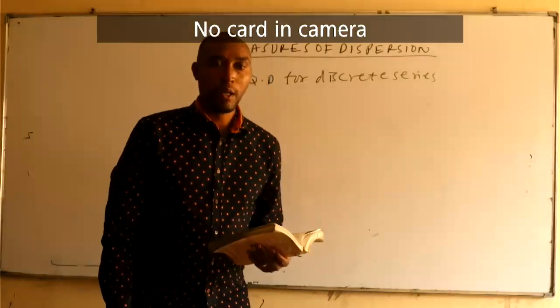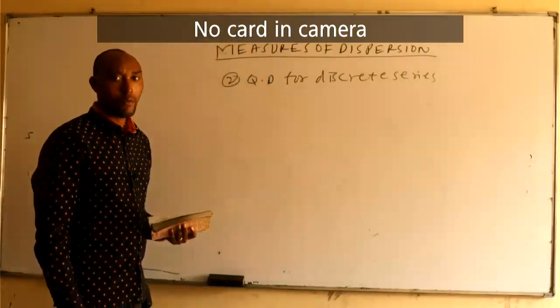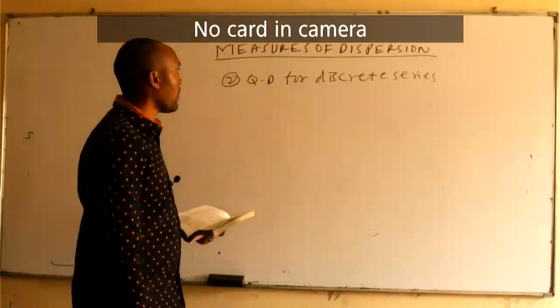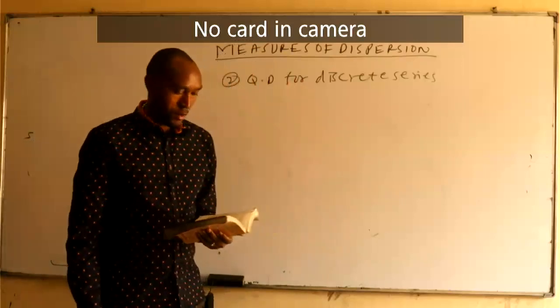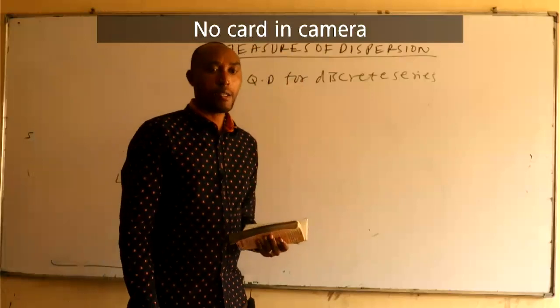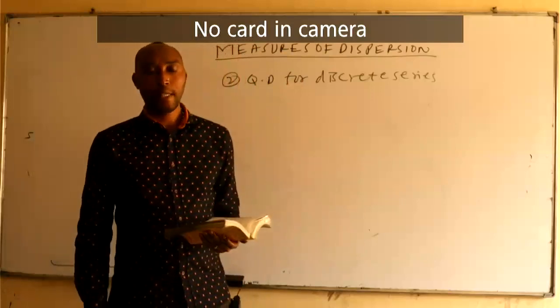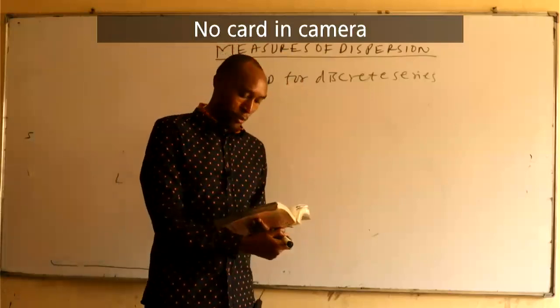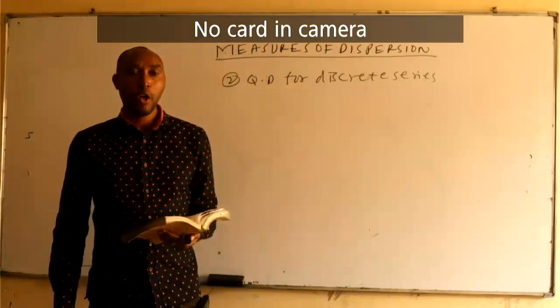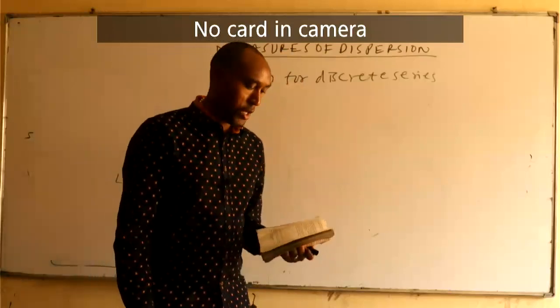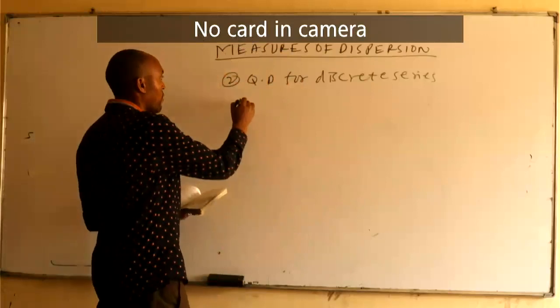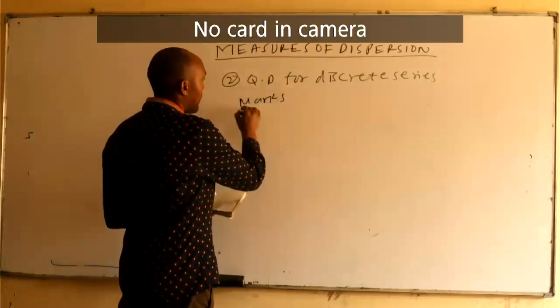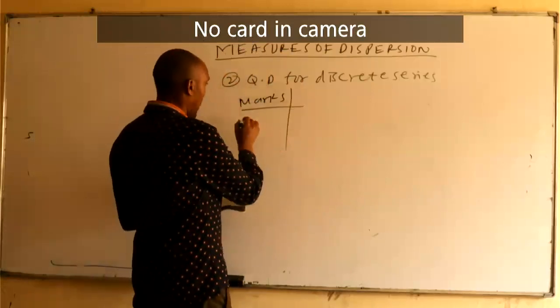Okay, so I think we are good to continue. We want to calculate quartile deviation for a discrete series. The example says compute quartile deviation and its coefficient from the following data. It gives us data: marks, then number of students.